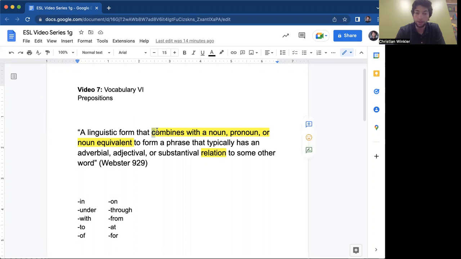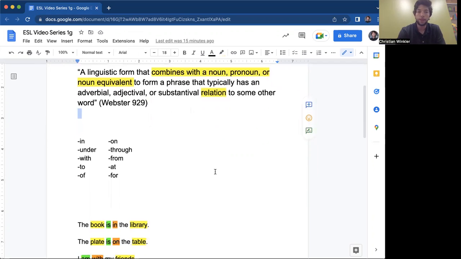Basically, it's a word that combines with a noun, pronoun, or noun equivalent, and it expresses relation. This is the key word right here, relation. That's at its core what a preposition is expressing. It's expressing relation.